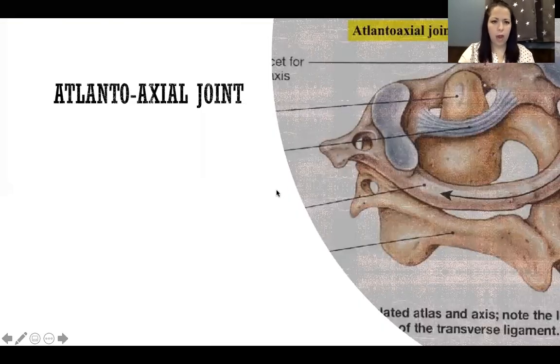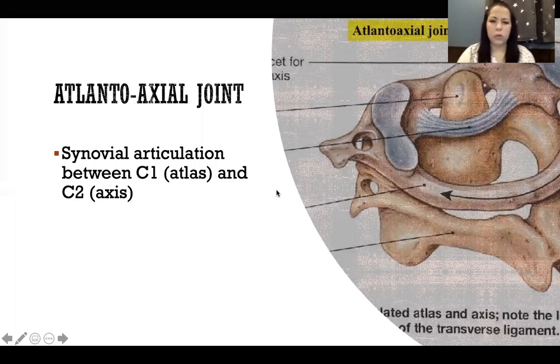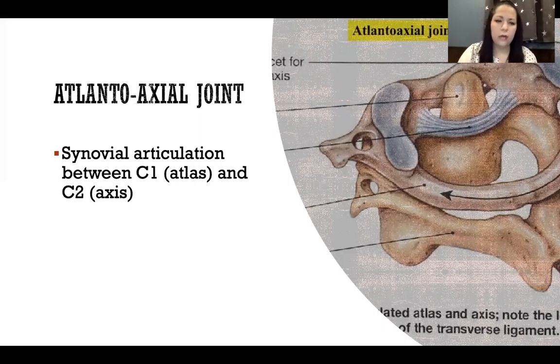The Atlanto-axial joint is the articulation between C1 and C2. Again, C1 is named atlas and C2 is axis, and you could think about it as like the axis of rotation. So C1 or atlas rotates around axis, as in the axis of rotation. So like we see in the picture here, you see that C2 has this little peg that projects upward.